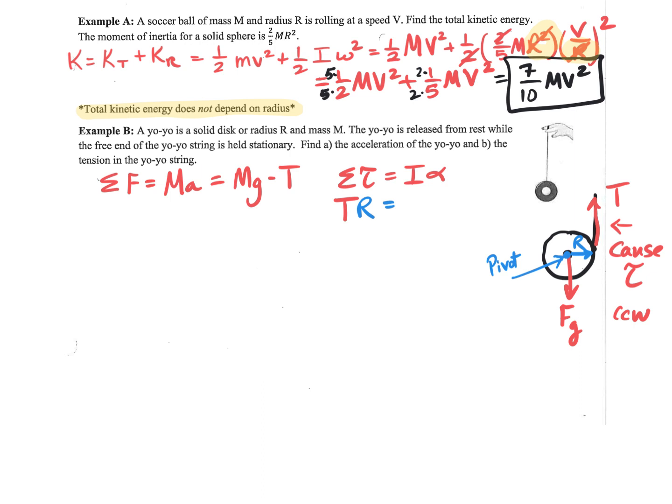I, for a solid disk, is 1/2 mr squared. And alpha, if you remember correctly, is A over R. So guess what we can find here?